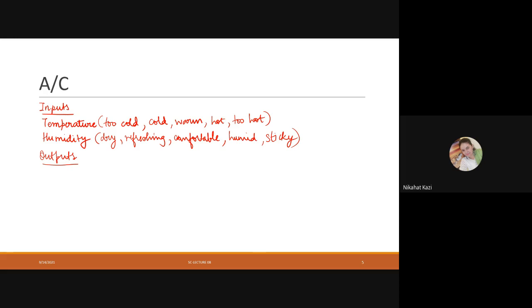There are different ways of designing the system. I can decide that I need to reduce the temperature of the room. So how do I decide to reduce the temperature of the room using the AC? What does the AC have to reduce the temperature? There's a fan in the AC, and there's a compressor.